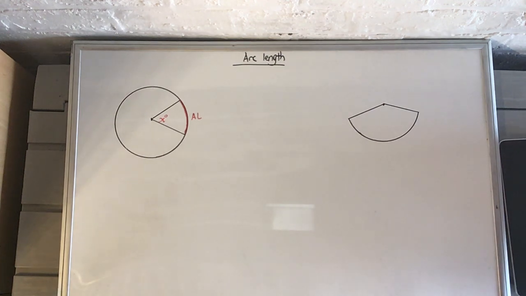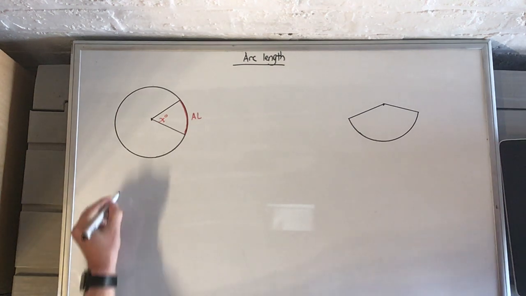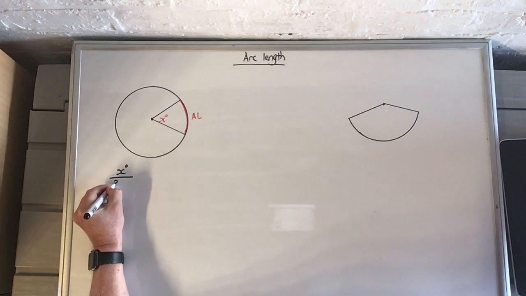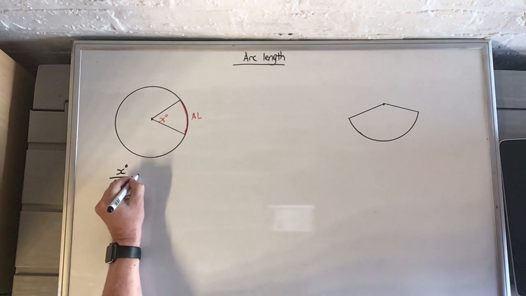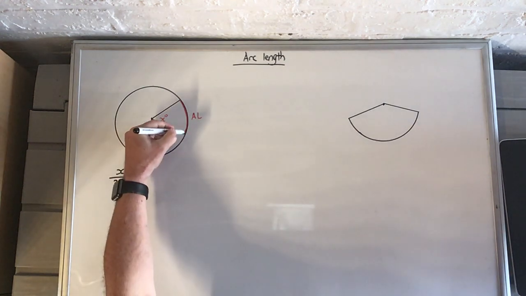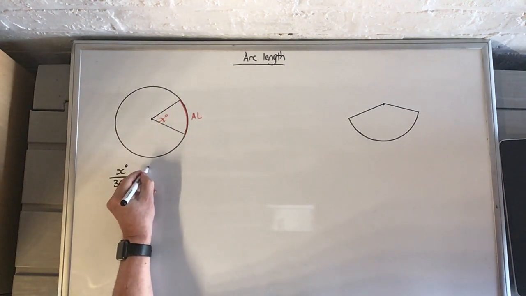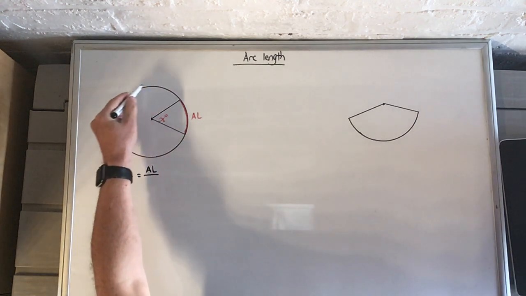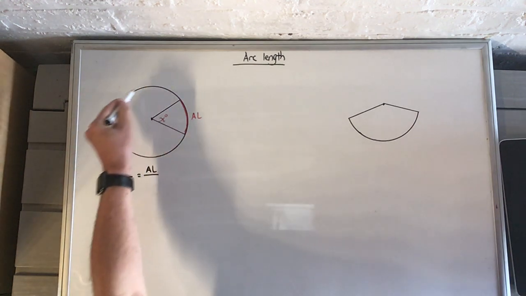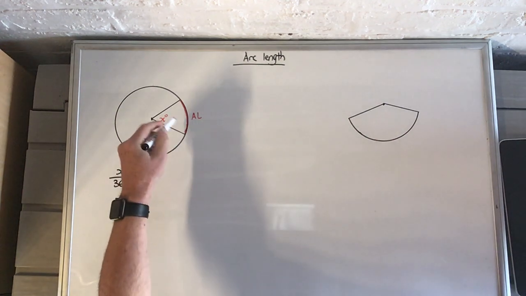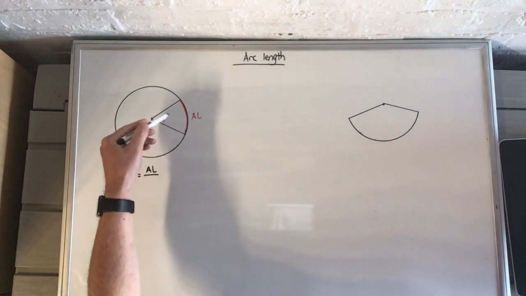And it turns out that the ratio of the angle at the centre, x degrees, over 360, is exactly the same ratio as the arc length, AL, over the full length of the circle, or the circumference, or the perimeter, whatever you want to call it, normally called the circumference. So arc length over the circumference.